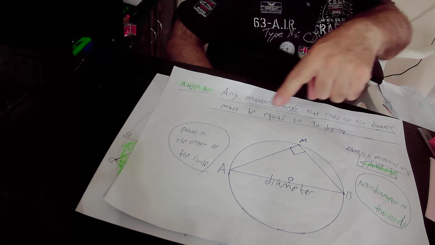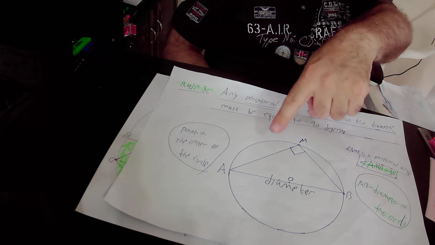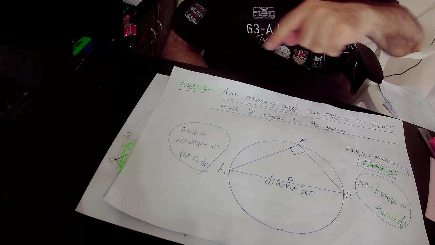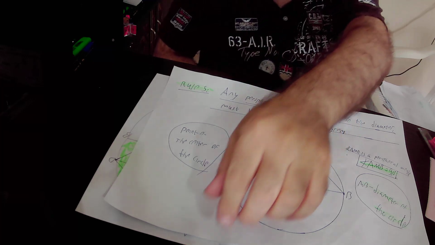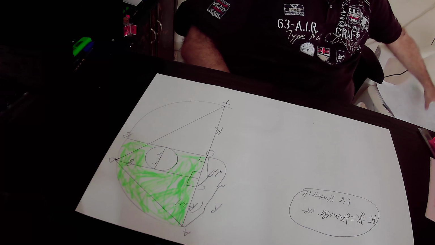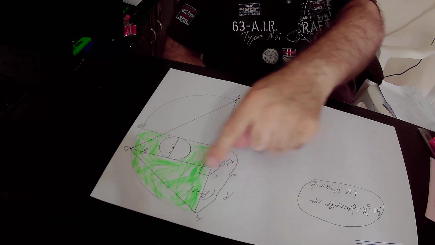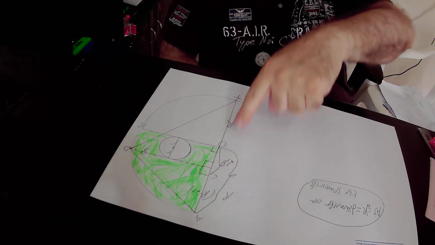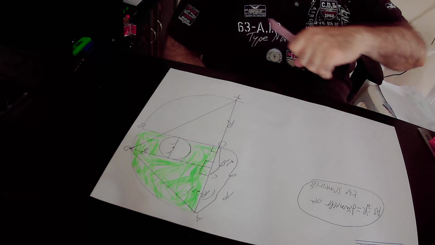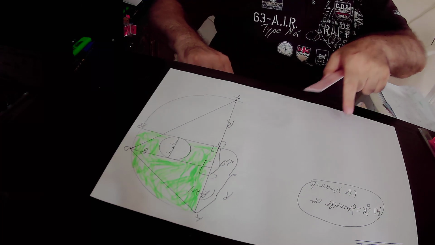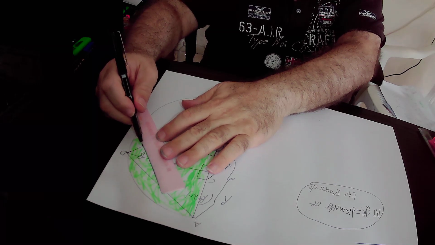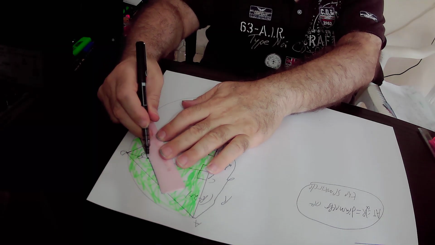We can implement rule number 5 in our drawing, because in our drawing we have peripheral angle ADT that rests on AT, that is the diameter of the semicircle, therefore peripheral angle ADT must be equal to 90 degrees according to rule number 5. So this angle equals 90 degrees.